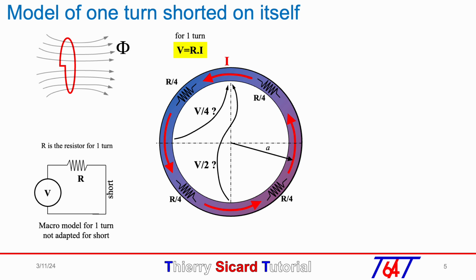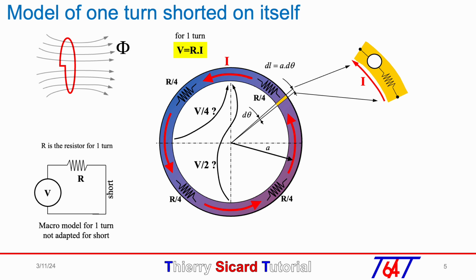If L is a resistor length and A the iron cylinder radius, we can define a small length element dl equal A times d theta. If we zoom on this small element crossed by a current capital I, we can define dV and dR elements with I times dR equal dV.